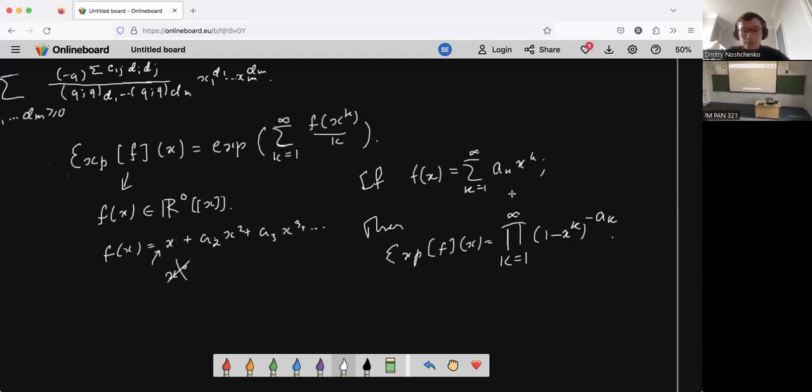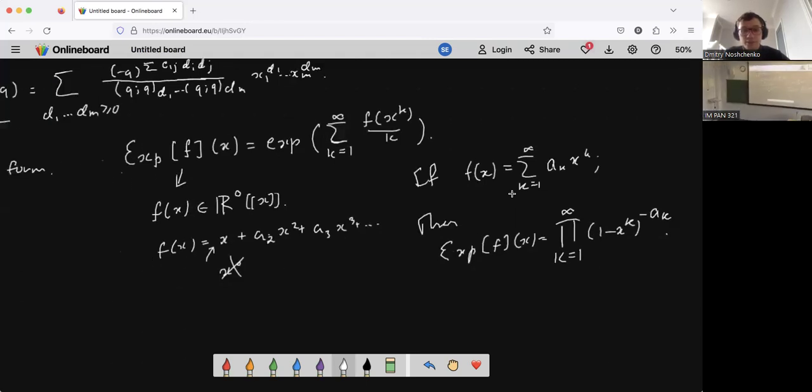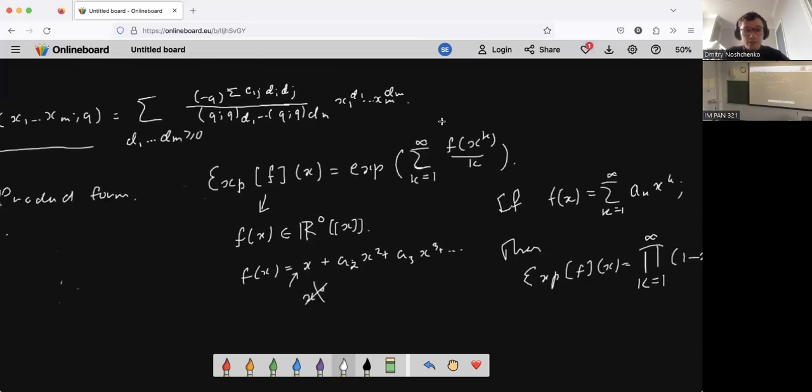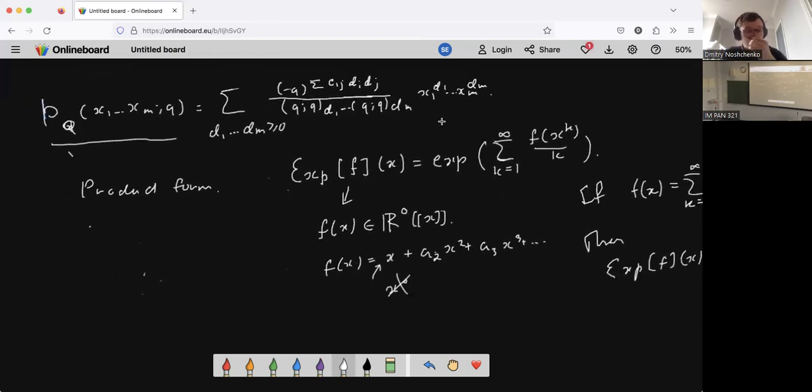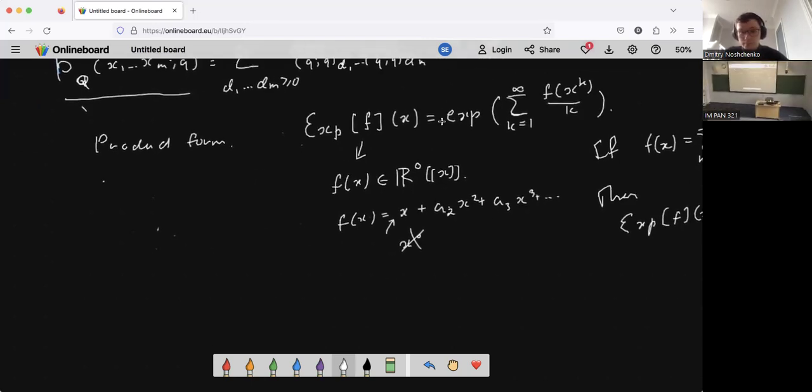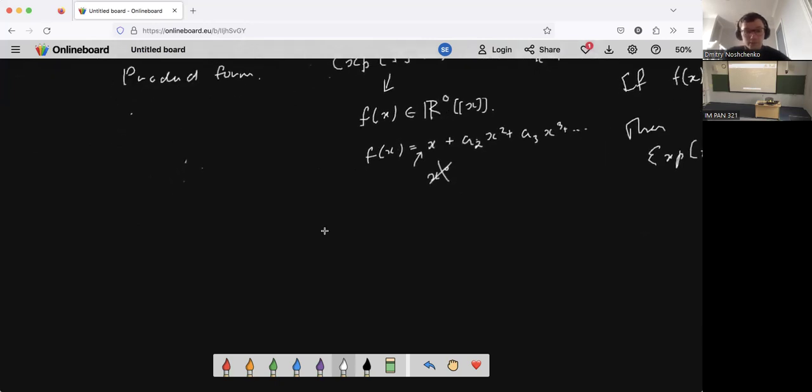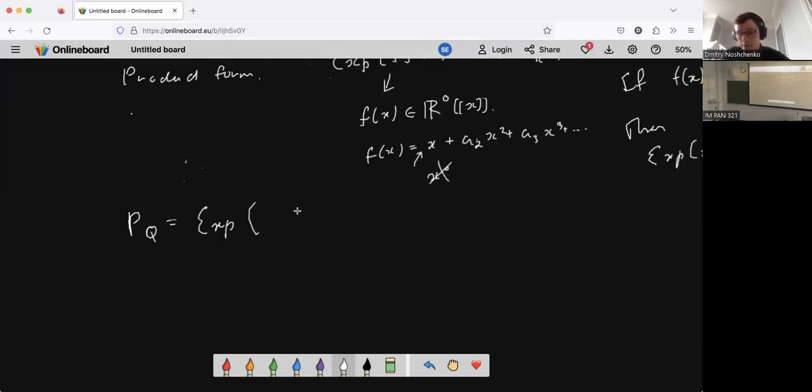And now the crucial thing is that we can take this quiver's generating series that we have here, and we can rewrite it using the plethystic exponential. So we can write P_Q as a plethystic exponential of, and now we introduce some notation, in the exponent, omega_Q, which is some function of x1 to xm and q, divided by 1 minus q squared.